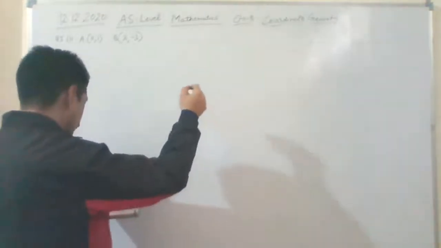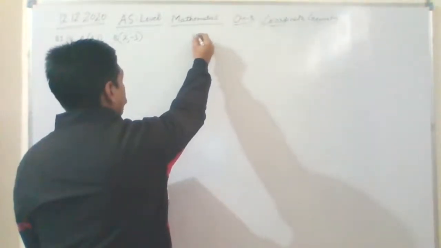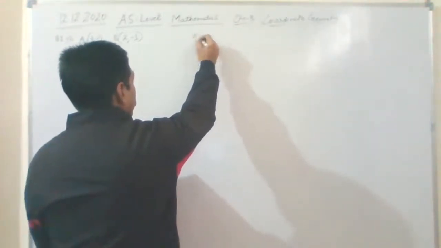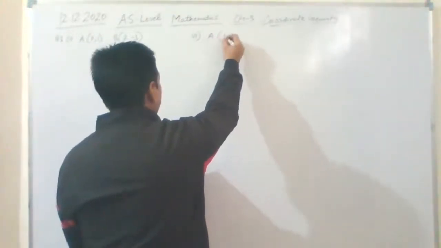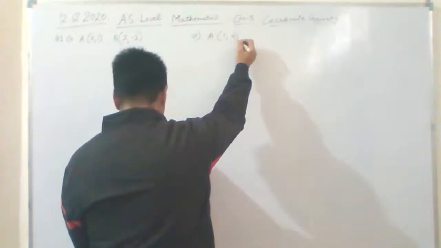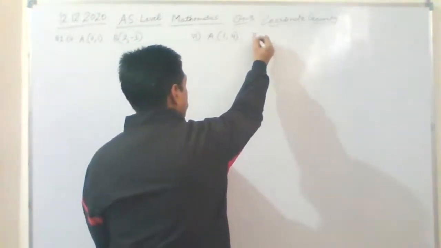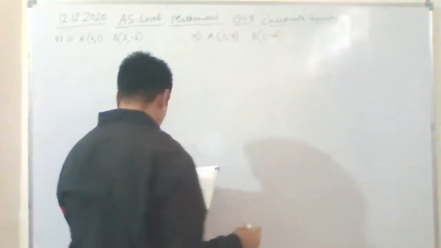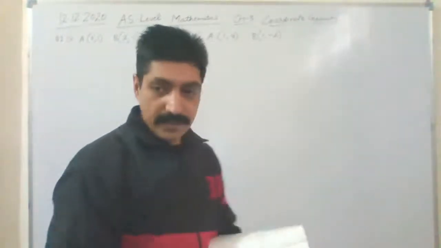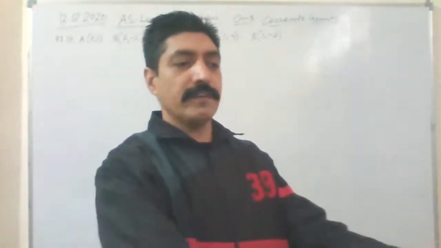And the sixth part, A is 1, 4 and B is 1, minus 2, right? So here all 4 things we will find.